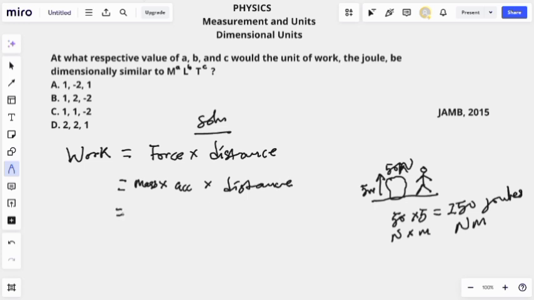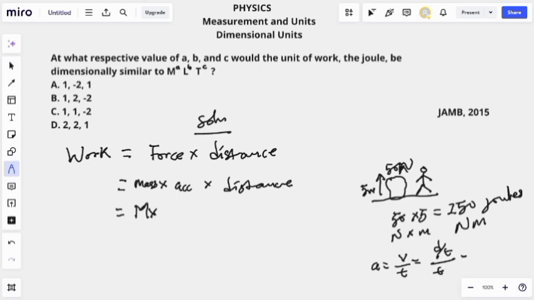Now the dimensional unit of mass is represented by the capital letter M. Then the dimensional unit for acceleration, you remember that acceleration a equals what? Velocity over time, t. And velocity on its own means what? Displacement, or you can say distance, d over time, over this other time here.